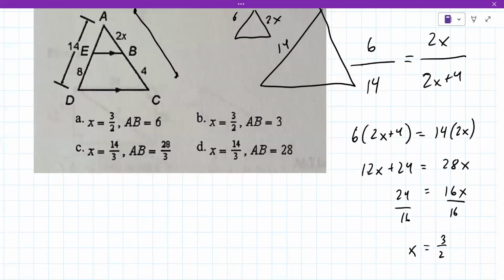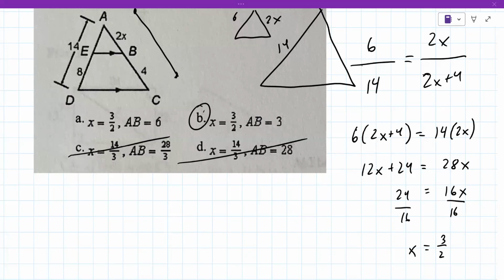So we can cross out C and D. Good. And then to find AB, you've got to put that back in for x. It is 3. Good. So B. All right, good job on that.